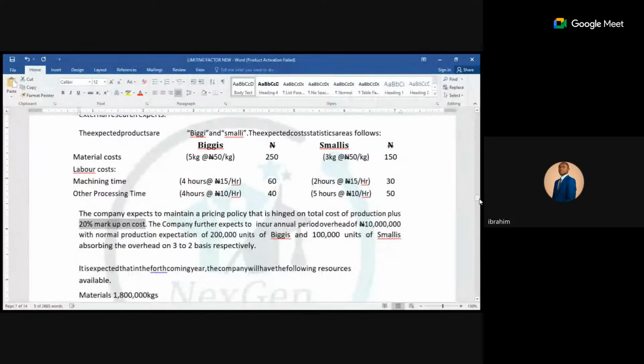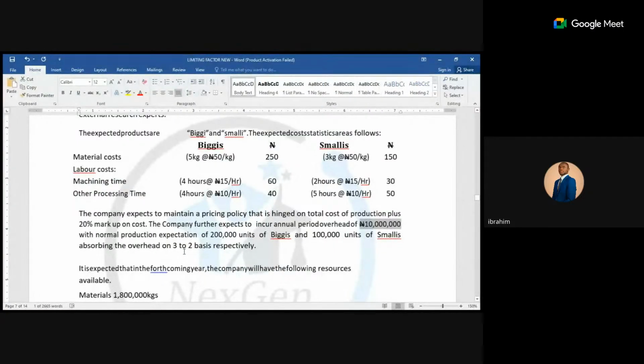What is the total cost of production? We include your material cost, your labor cost, and the fixed overhead. And the fixed overhead here is 10 million.